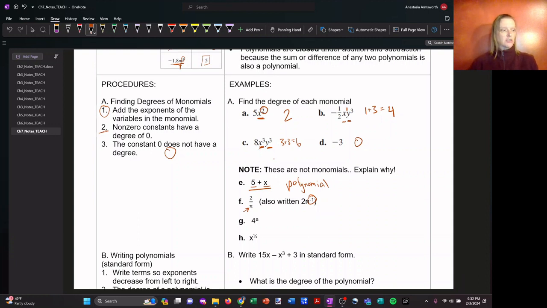We learned about that last chapter. And when you have a monomial, you have to have whole number exponents. So 0 or positive integers. You cannot have a negative integer as an exponent. No negative exponents. Also, you cannot have any fraction or decimal exponents.